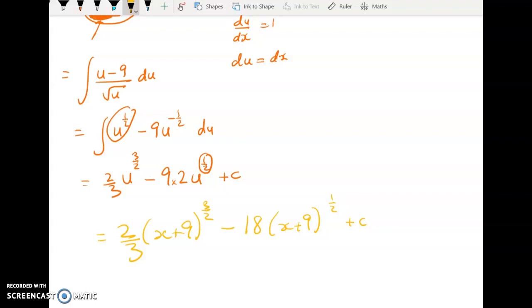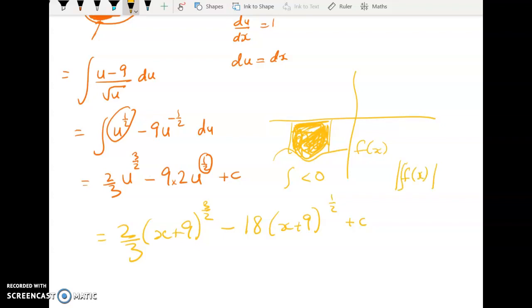A couple of things to notice in those exercises are that when we're finding the area under a curve, if I've got a function down here, and I'm finding this integral, then the integral will be negative, but the signed area, or the area between the axis and the curve, we will treat as a positive. In other words, we're going to take the absolute value of that integral.